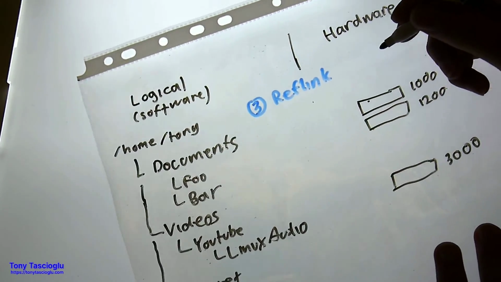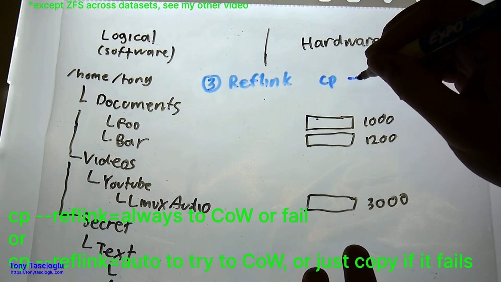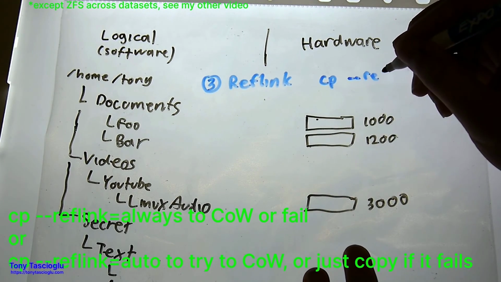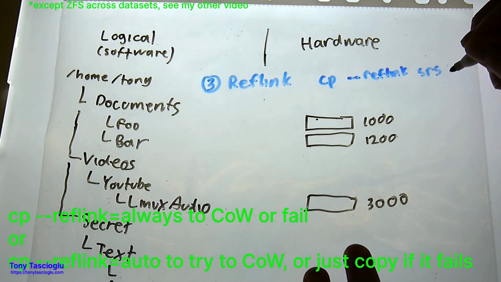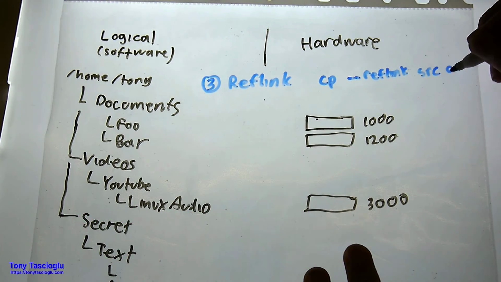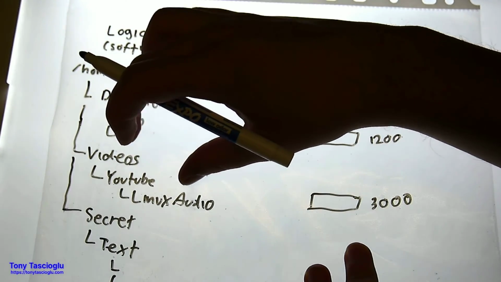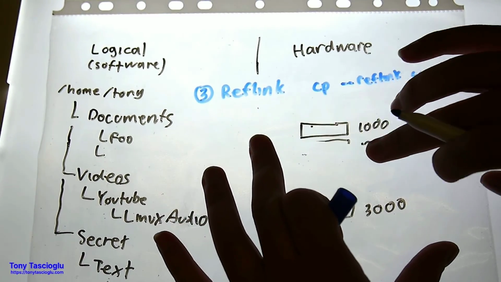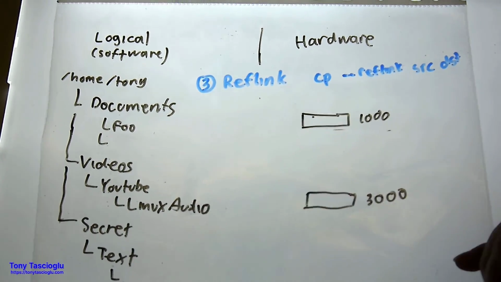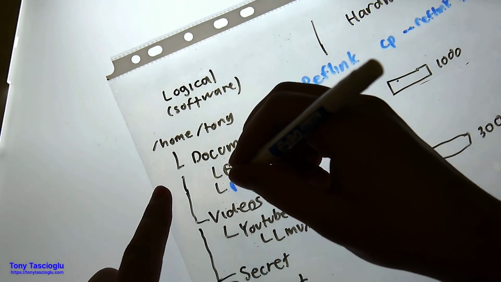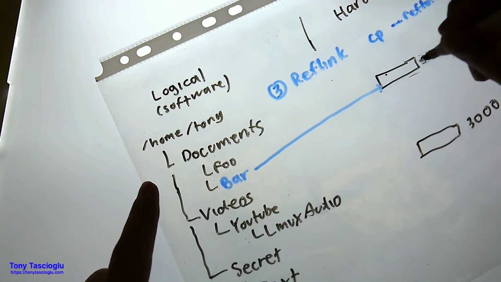You can reflink by doing cp, the normal copy, --reflink source destination. Let's start with our simple example. Let's say I want to reflink foo and bar. What's going to happen? Well, the reflink starts its life similar to how a hard link would, so it's going to start by pointing here.